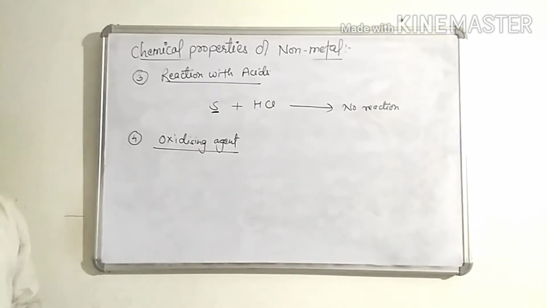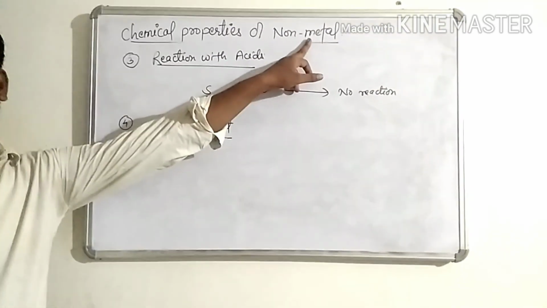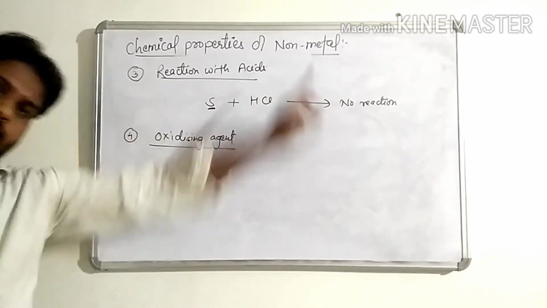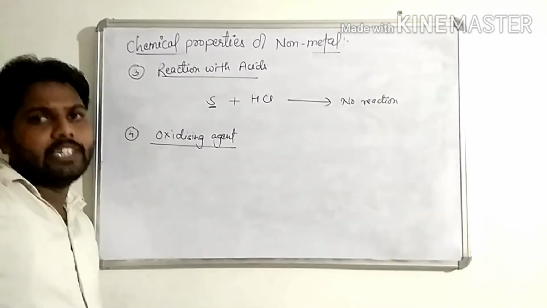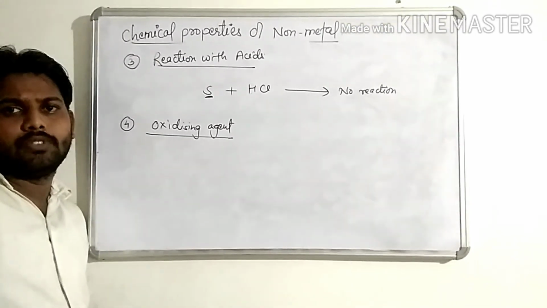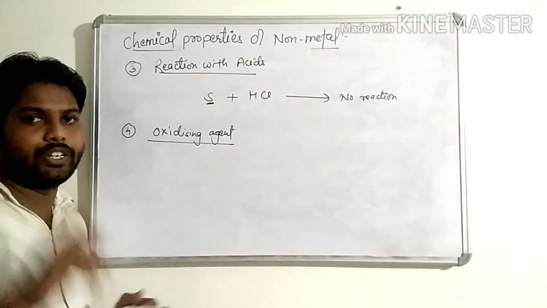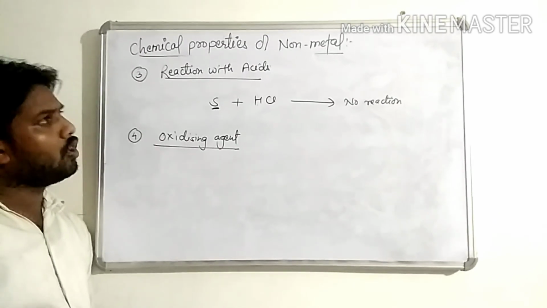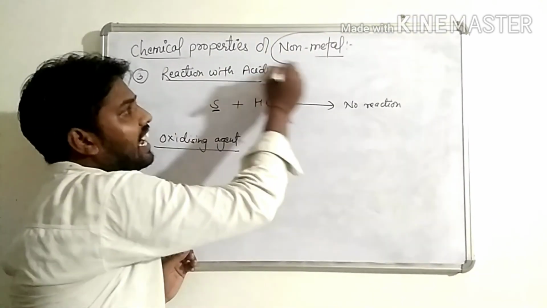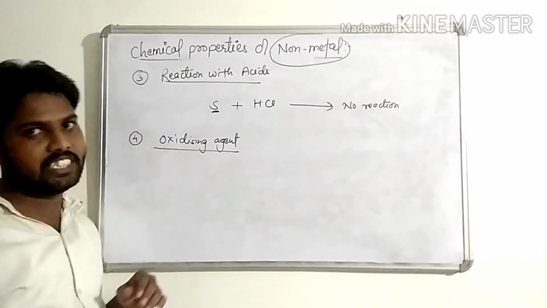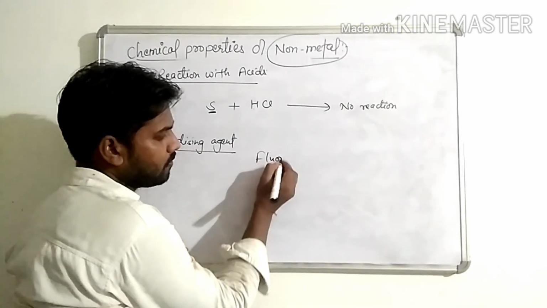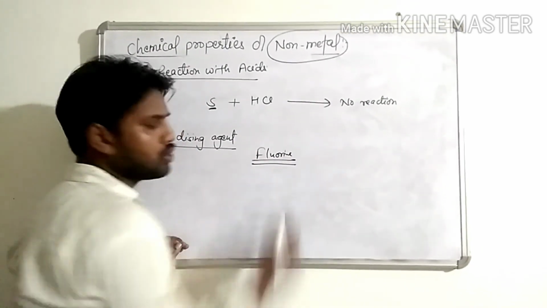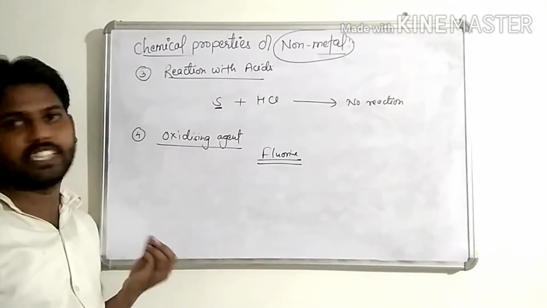So children, all the nonmetals are very good oxidizing agents, because they all gain electrons from other atoms and get reduced. That is why all the nonmetals act as very good oxidizing agents. And fluorine is the best oxidizing agent of all.